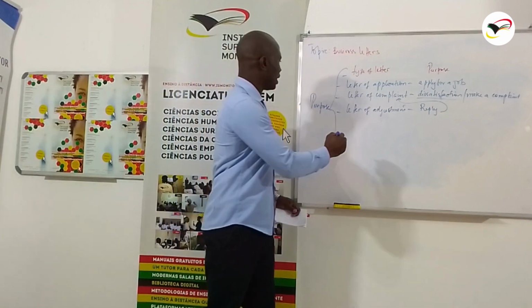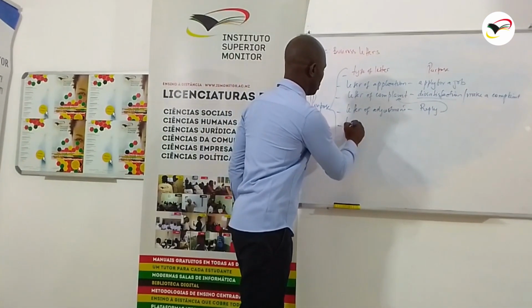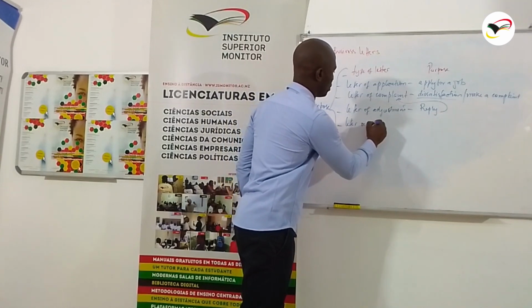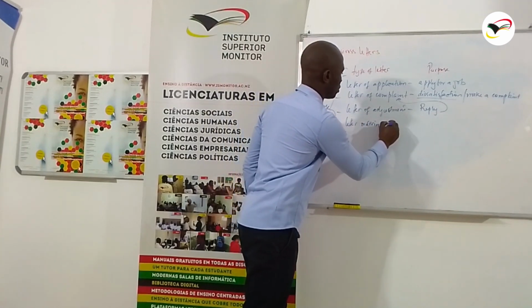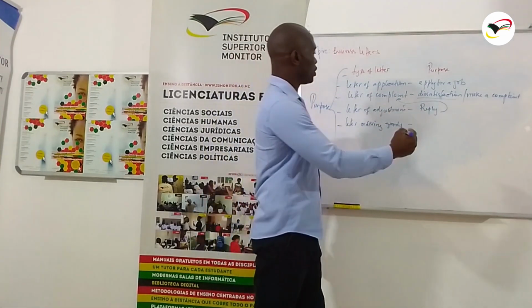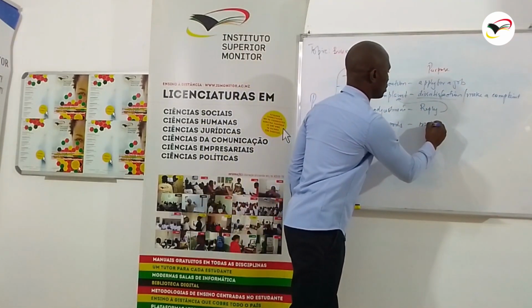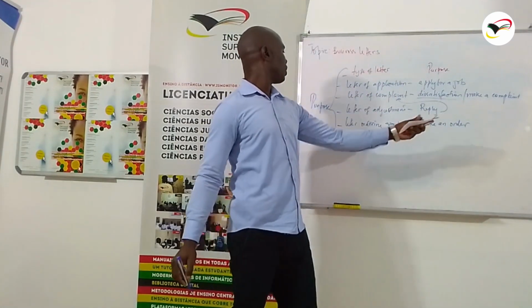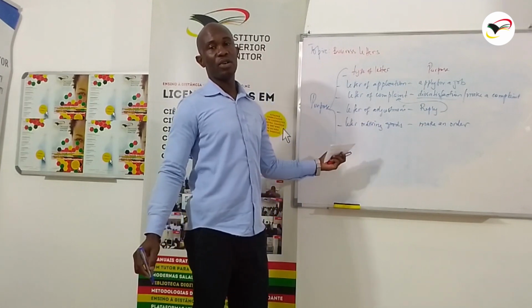Then we can also write a letter ordering goods. So, if our purpose is to make an order, the letter we are going to write is a letter ordering goods.